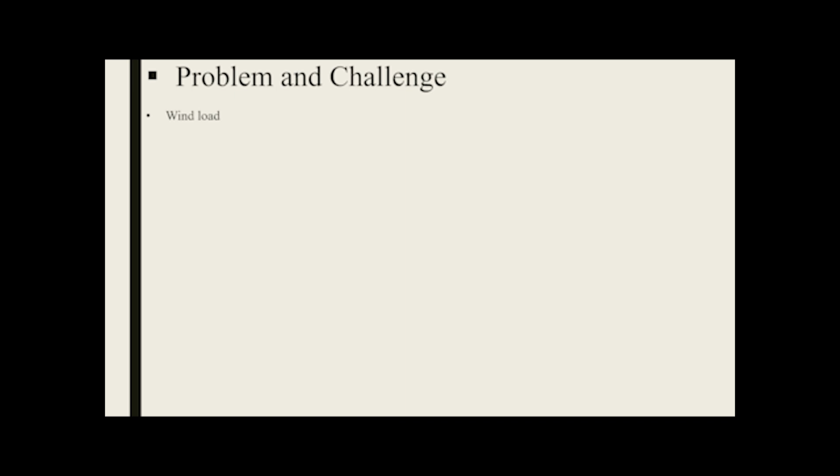The taller the building goes, the stronger the load becomes. This load is not a good sign, because it can cause the building to flex so much that the structure fails.